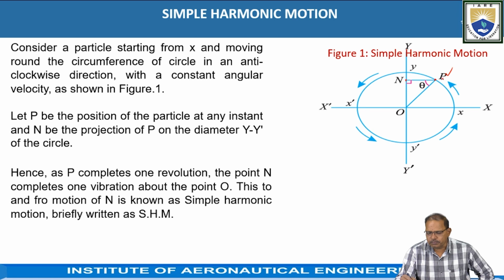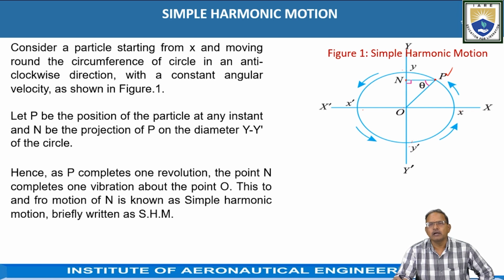Again, when point P moves from Y to X dash, its projection on the vertical diameter moves from Y to O. Again, from X dash to Y dash, it goes from O to Y dash. Again Y dash to X, it goes from Y dash to O. That means when the point P is moving along the circumference of the circle with a uniform velocity, its projection always oscillates along the vertical diameter, as shown in the figure.